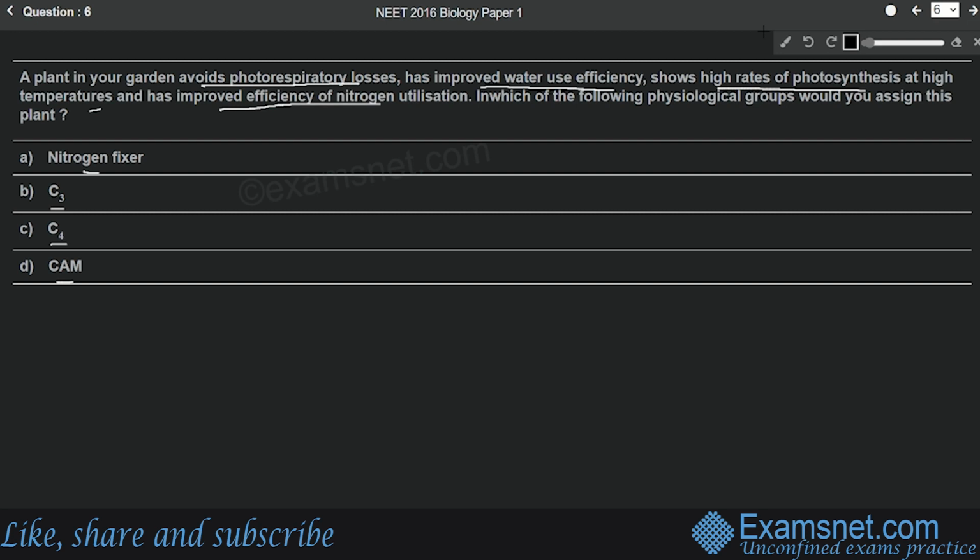Okay. So first of all, what is photorespiration? We know that in simple photosynthesis, carbon dioxide is absorbed and oxygen is given out, right? In case of photorespiration, the case is just the opposite.